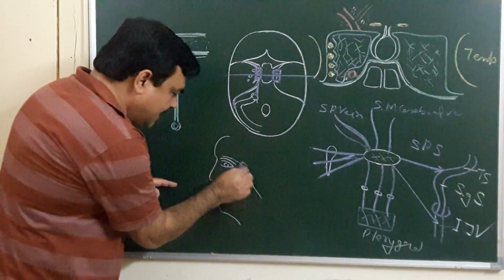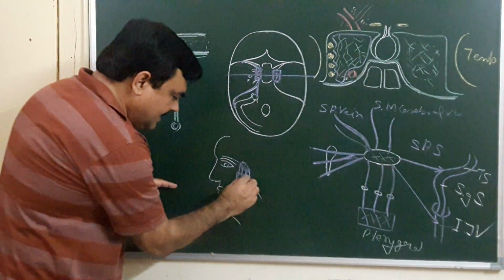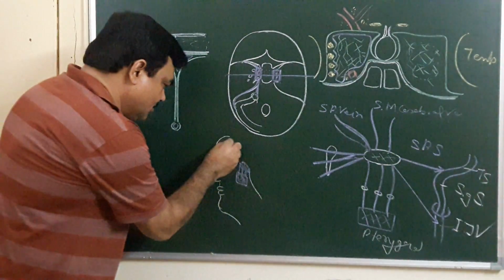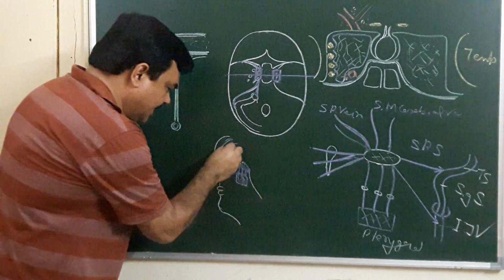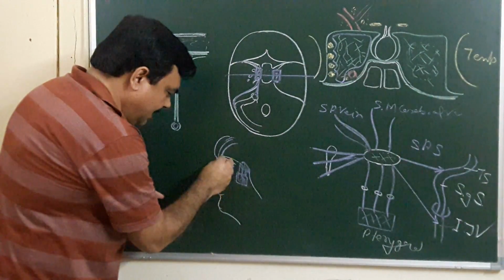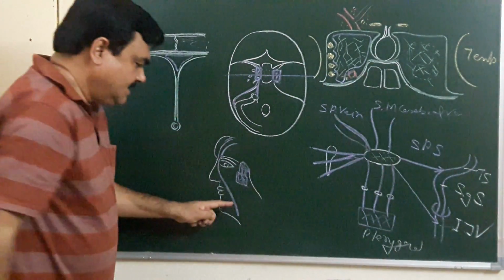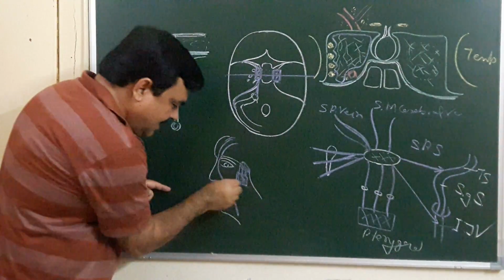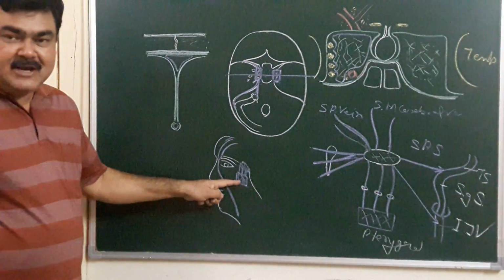Through these the cavernous sinus is connected with the pterygoid venous plexus. Here are the supraorbital and supratrochlear veins, the angular vein, the facial vein, and the deep facial vein, which communicates with the pterygoid venous plexus.